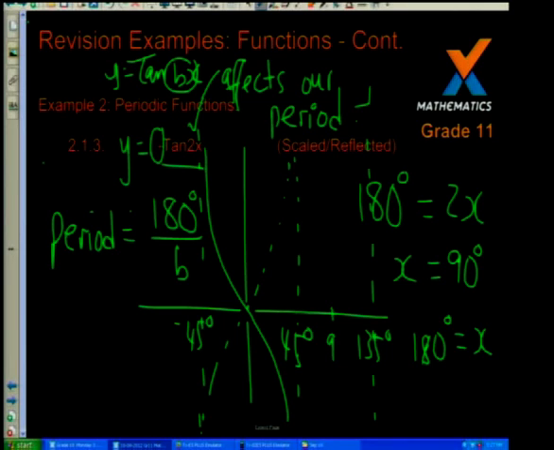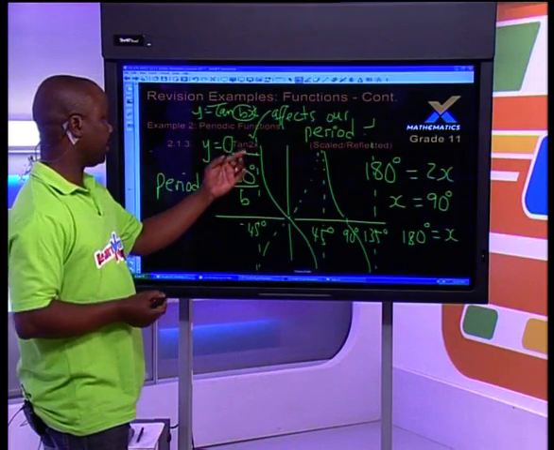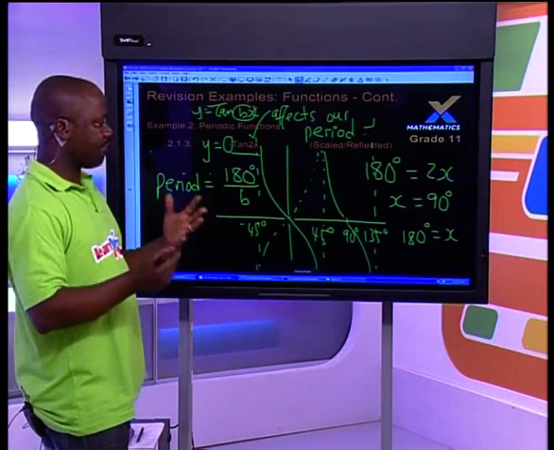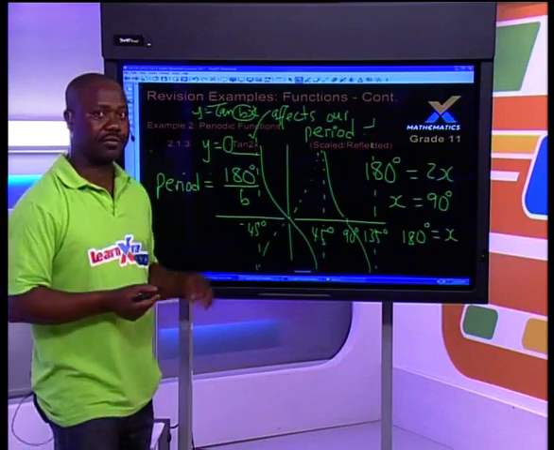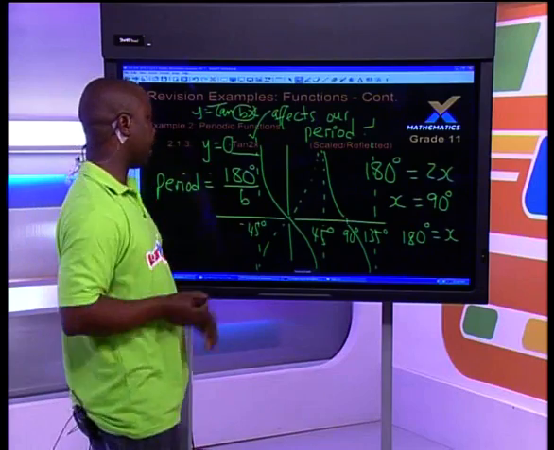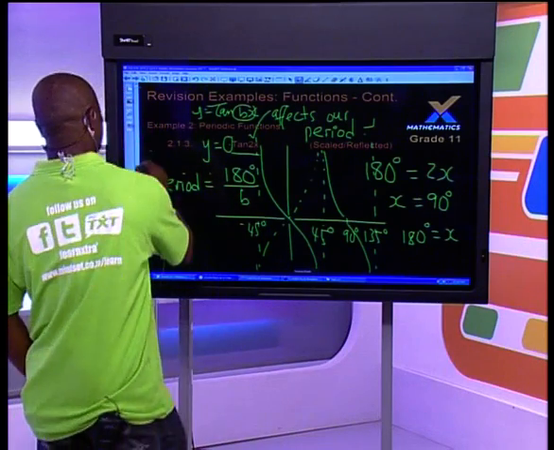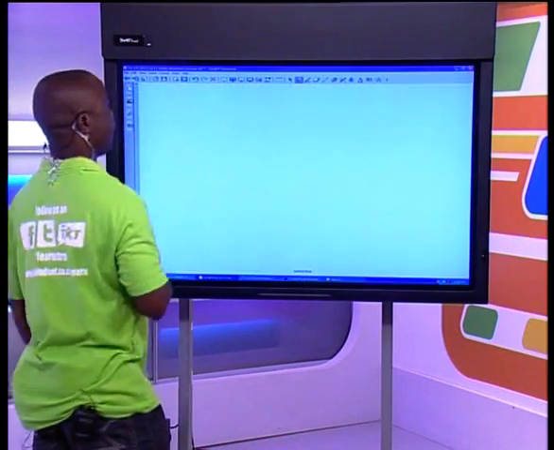Again, at 90, your graph will look like that. All right. I hope that gives a picture of how the coefficient of x affects the period, and how the minus in front of the ratio reflects your graph. All right, let's move on to the next one. I think that's good enough there.